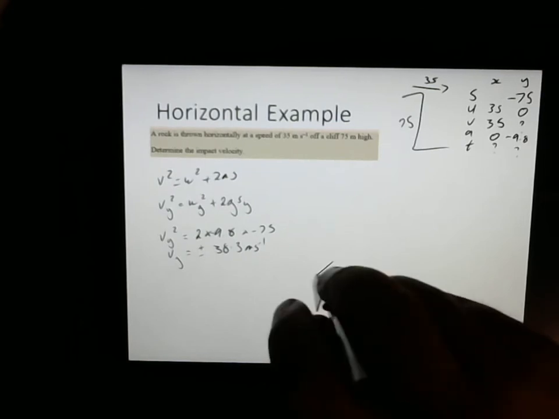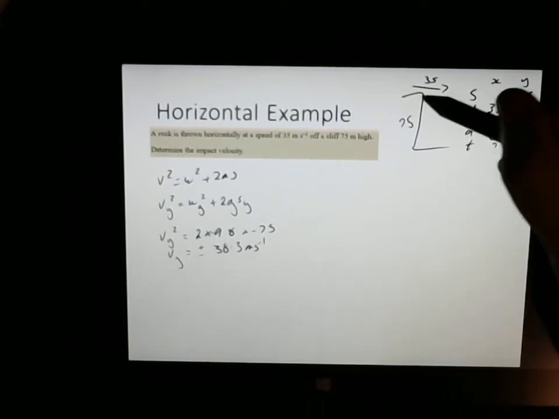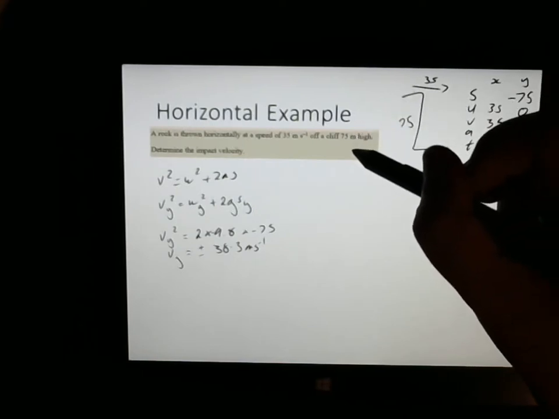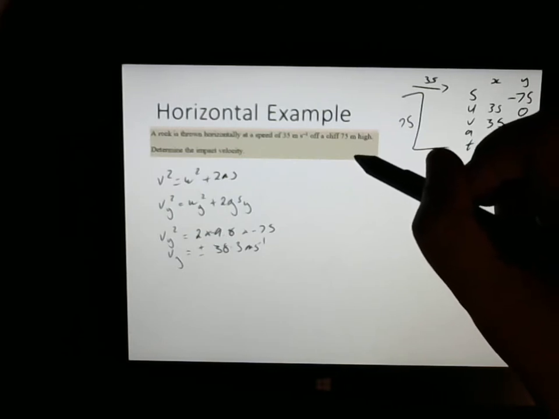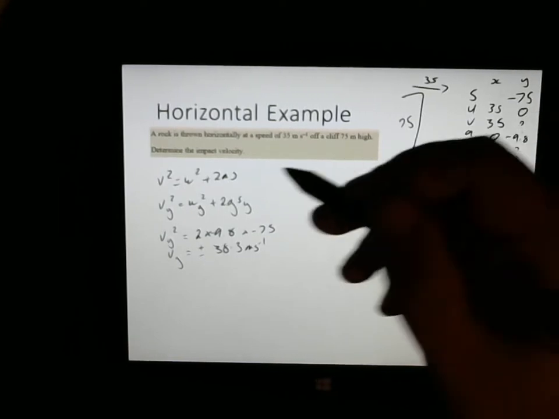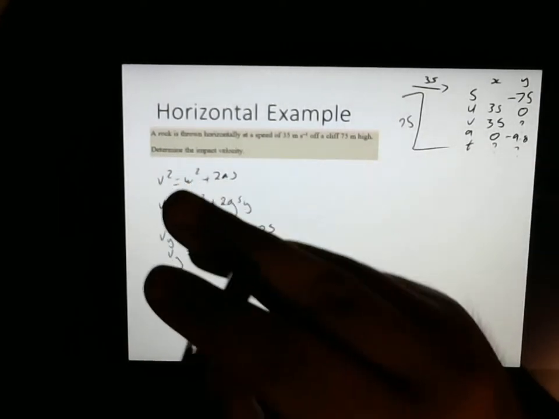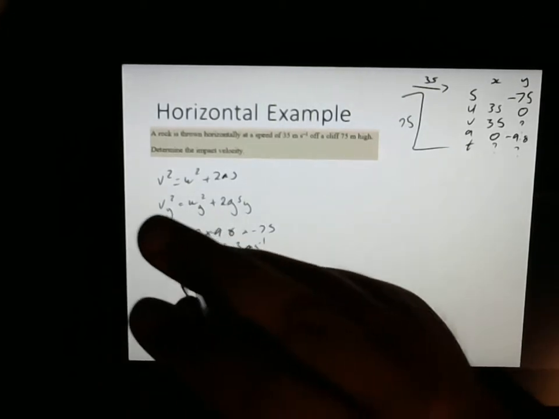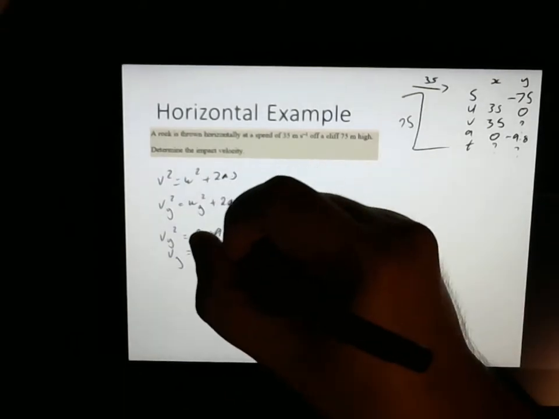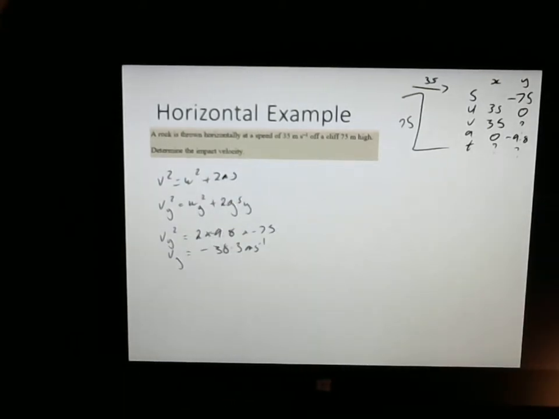That is because as it falls down, remember, these things are symmetrical, so we could have gone back this way and found out that at this point here it had an initial velocity up of 38.3, but here it's got a velocity down of 38.3 because we care about when it is hitting the ground. So in this case we're only after the negative answer, and so we would only worry about writing the negative answer, negative 38.3. If you wrote the positive you would get it wrong, so be careful with that.